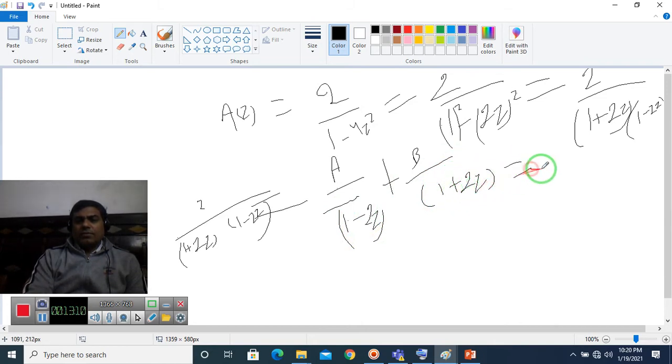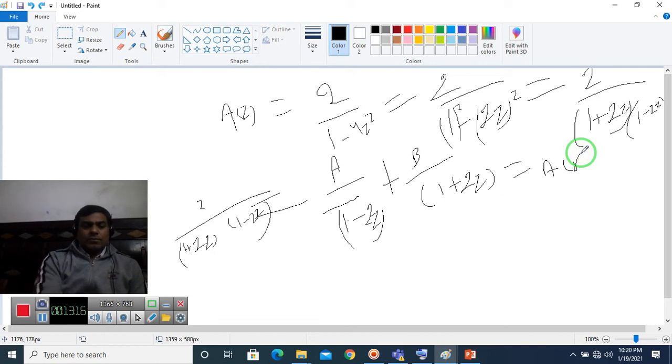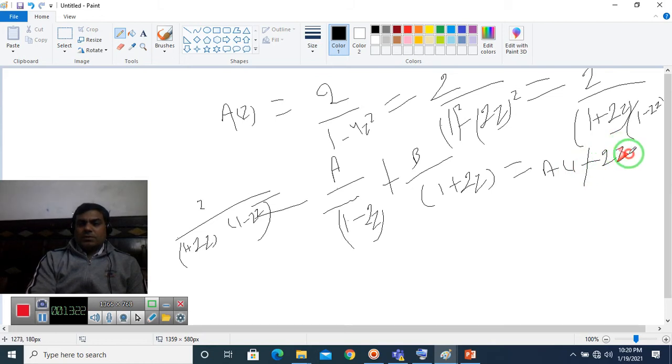Just solve: a times (1 plus 2Z) plus b times (1 minus 2Z).